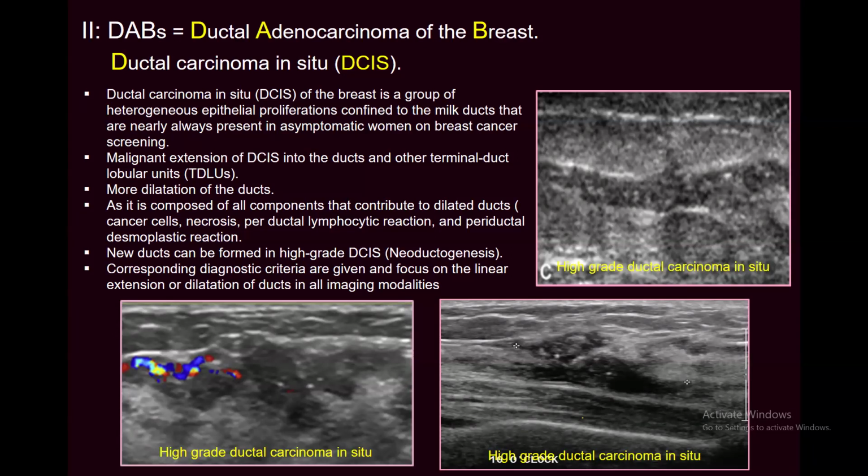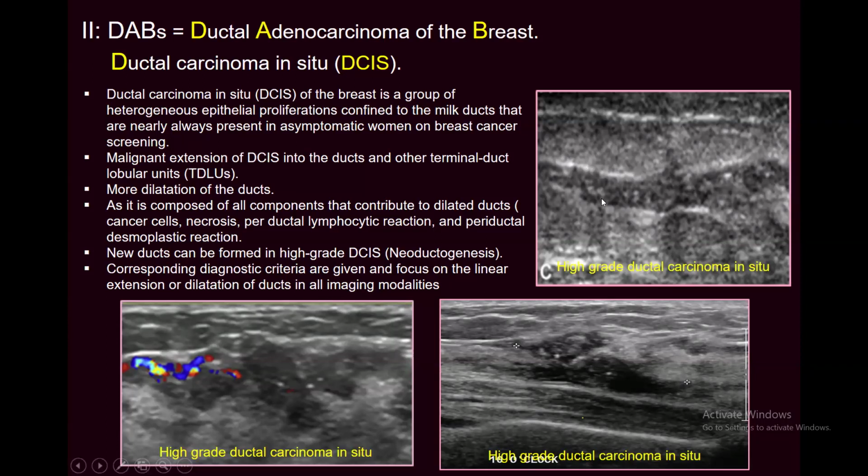DCIS is associated with more dilatation of the duct, as we previously mentioned, because the pathological component is included in DCIS, and that is why it is aggressive and has higher nuclear grades, and sometimes is even associated with neovascularity. The diagnostic criteria focus on linear extension or dilatation of the duct in all images.